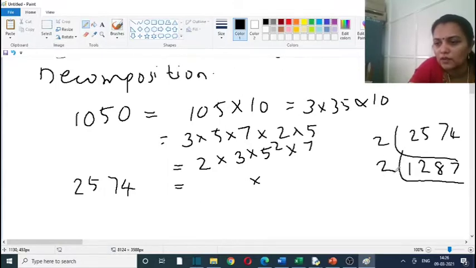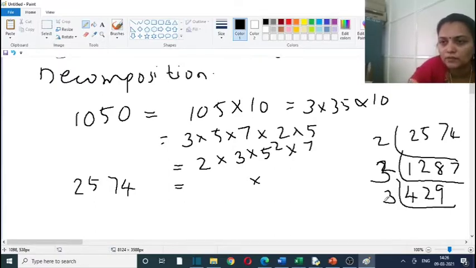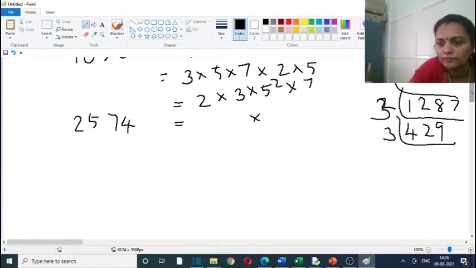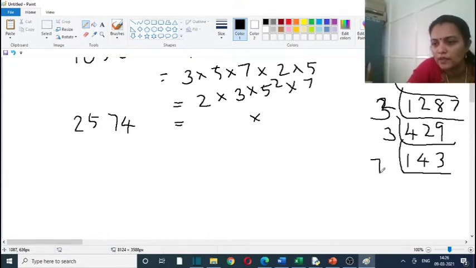Again we can divide by 3, so this is 143. Now we can't divide by 3, so the next is 7.